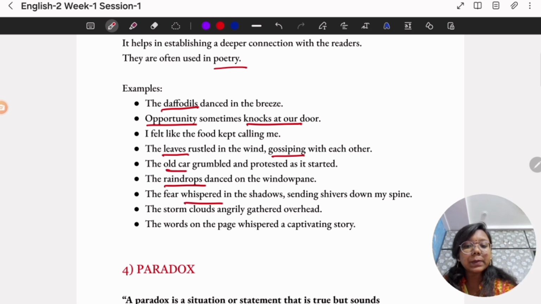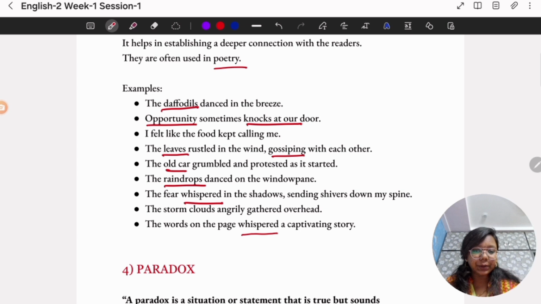The fear whispered in the shadows, sending shivers down my spine. The storm clouds angrily gathered overhead. The words on the page whispered a captivating story. Obviously, words do not whisper to you. It's just to draw the attention of the reader to make something more interesting and engaging. They use such things. Personification is giving human qualities to something which is inanimate.